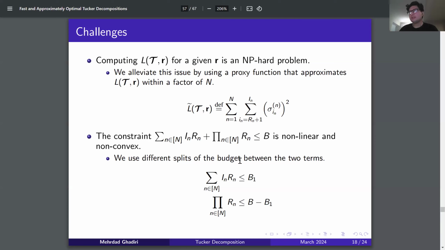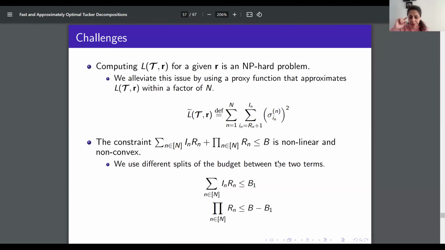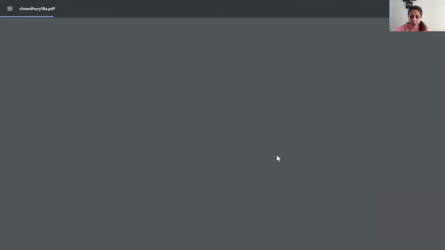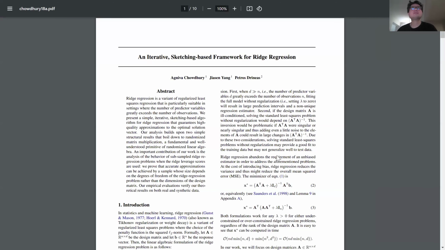Are you talking about effective dimension or something like that? No, this is the paper, and the relation is this equation. Here lambda is the regularizer of the ridge regression problem.